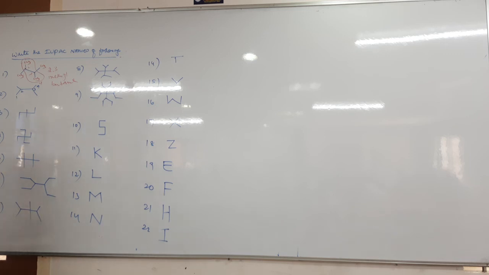If they are at the same position from the two ends, assign the numbering from the side of what? Double or triple? Double bond. Assign the numbering from the side of the double bond.